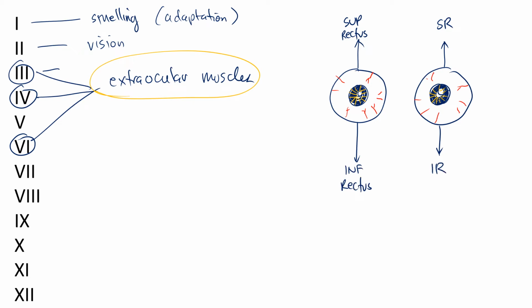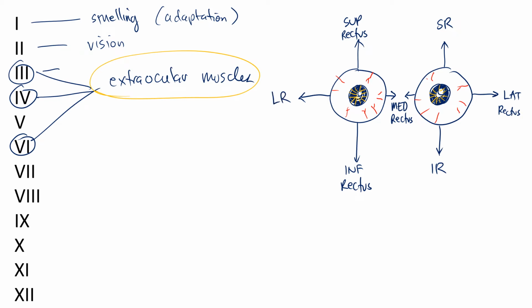Now, if you want to look towards your nose, that's your medial rectus. And if you want to look out, that would be your lateral rectus.